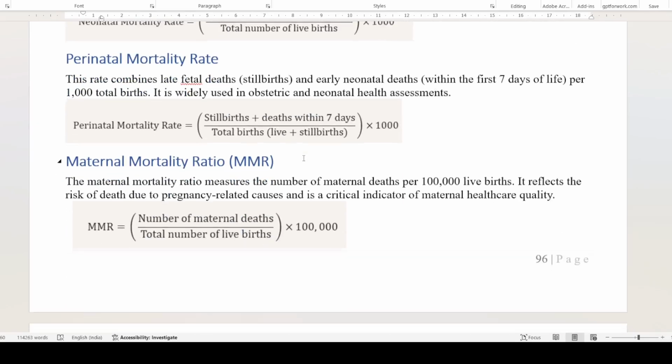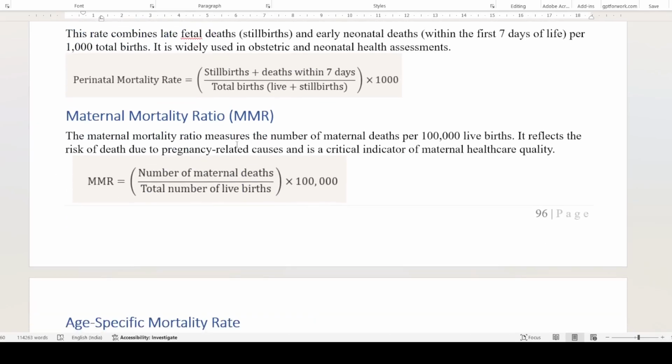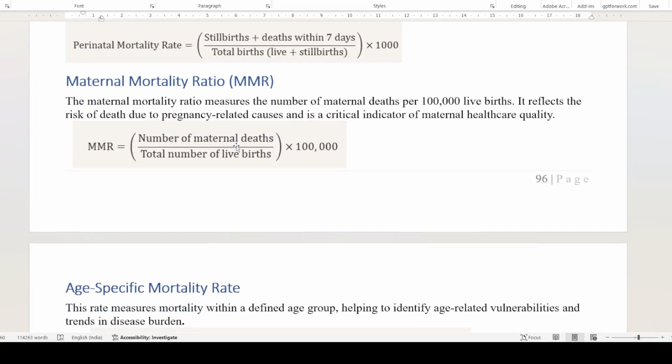Okay. Next is MMR, maternal mortality ratio. Here we are having number of maternal deaths per 1 lakh live births. So if we are talking of 1 lakh live births, means we are taking a large population into consideration. Okay.